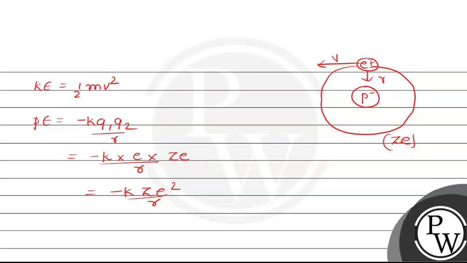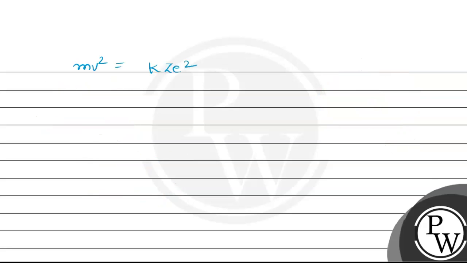So mv square equals to k into z e square. Students, kinetic energy की expression थी half mv square. So on multiplying with half we will get kinetic energy. यहाँ से हमें total energy की value मिली kinetic energy plus potential energy. जहाँ से kinetic energy हमने ये निकाला, this implies kinetic energy equals to half k z e square.